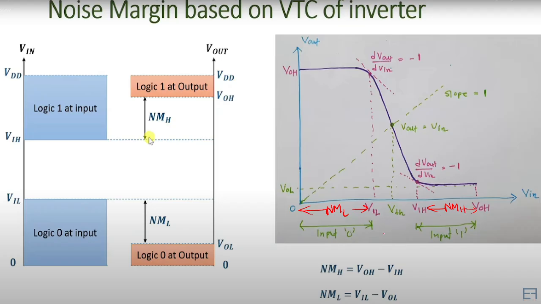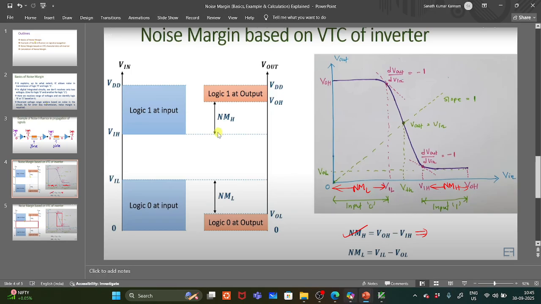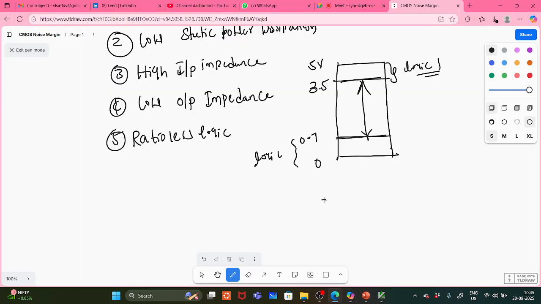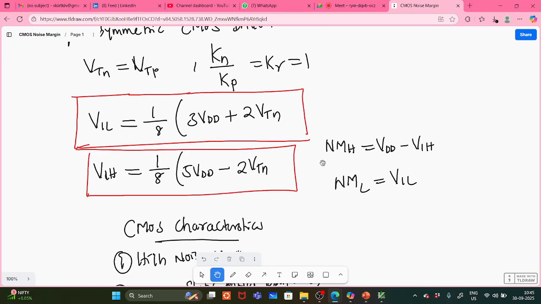From this I can say noise margin high equals VOH minus VIH. What you got previously, I showed with this diagram. Here NMH equals VDD minus VIH, and NML equals VIL.